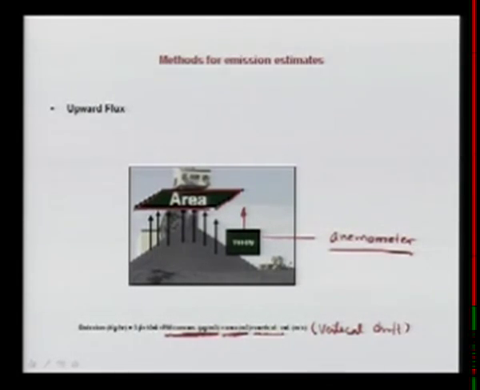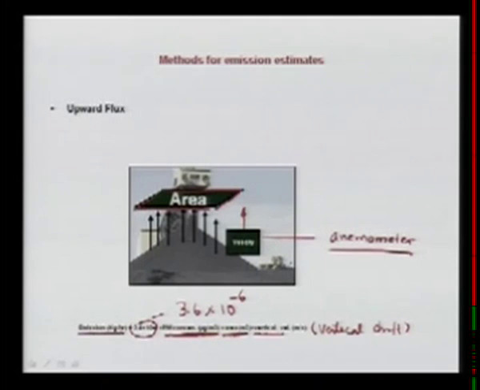Then there are unit conversions required; you should read this as 3.6 into 10 to the power minus 6. With that unit conversion, you get the emission rate in kg per hour. So it is a simple method.